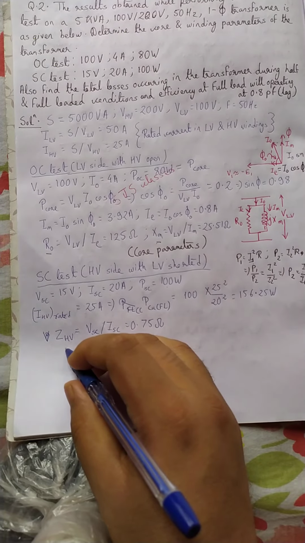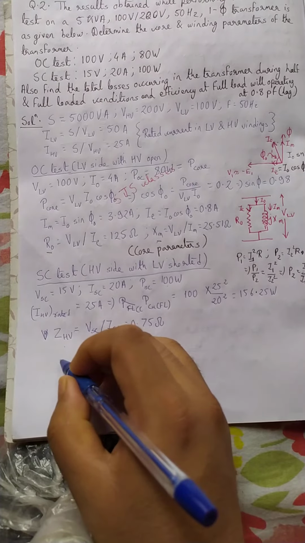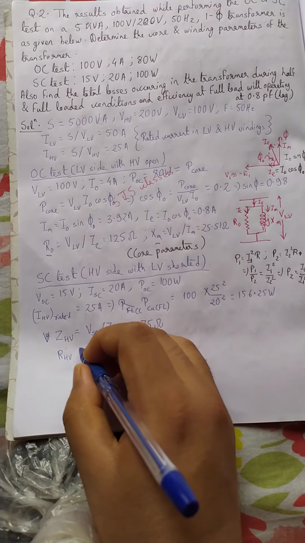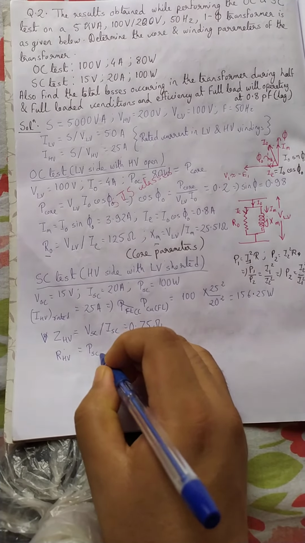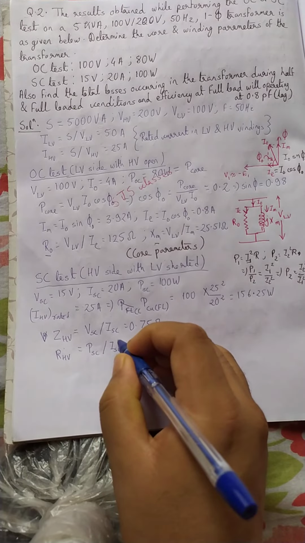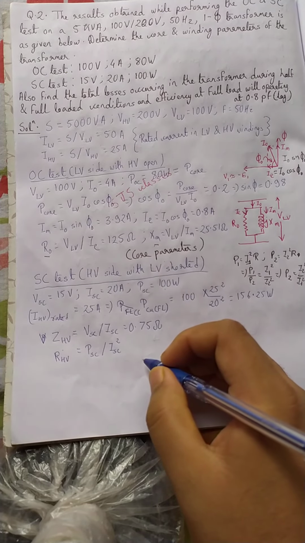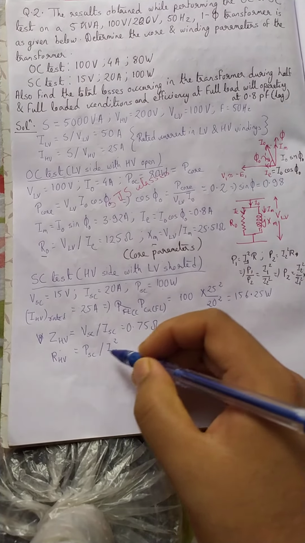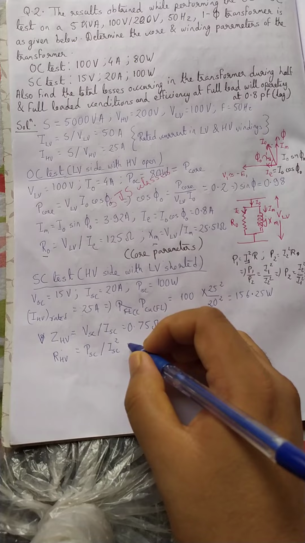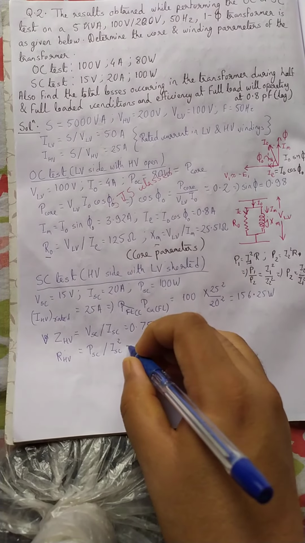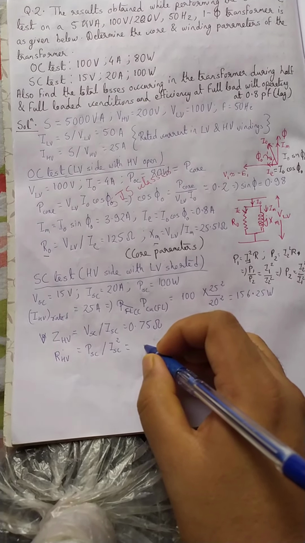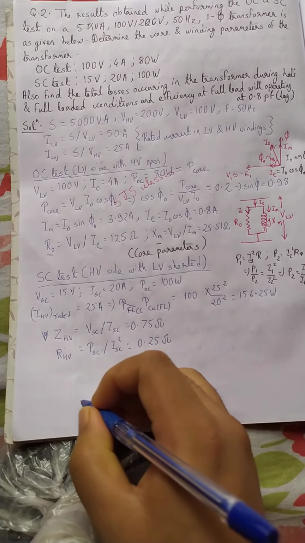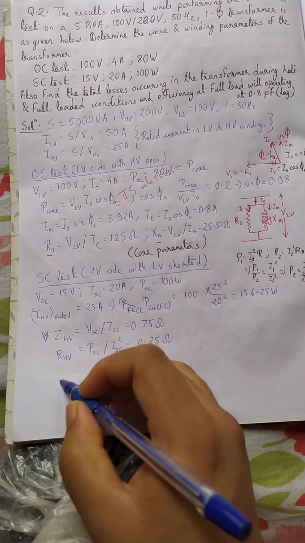This is the impedance referred to high voltage side, and for the resistance referred to high voltage side, can we write it this way? PSC by ISC square. Power is I square into R, we had already said. So from that we find the resistance referred to high voltage side. The value comes to 0.25 ohm.